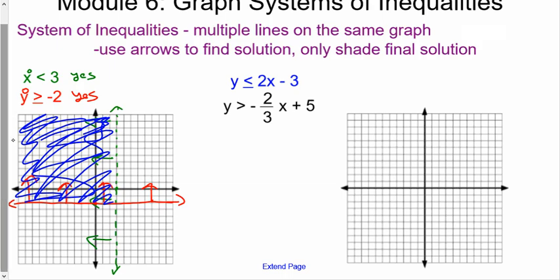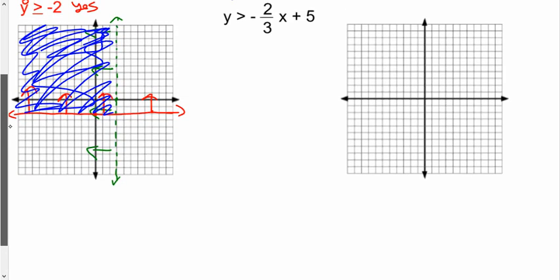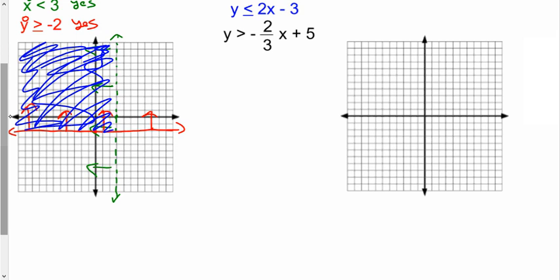All right, our next one, we are graphing two lines. So we'll start with the top one, 2x minus 3. Again, this is in slope-intercept form. So you start at -3, go up 2 over 1 is your slope. And we're drawing a solid line through those points.